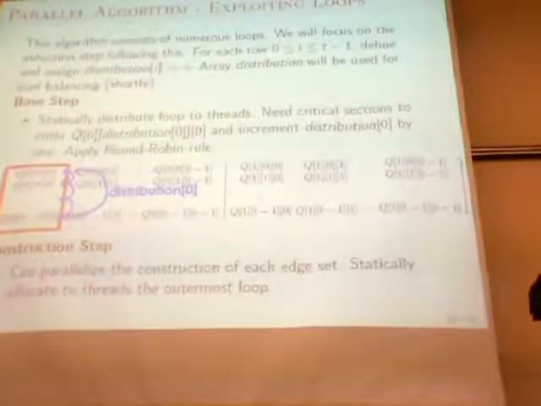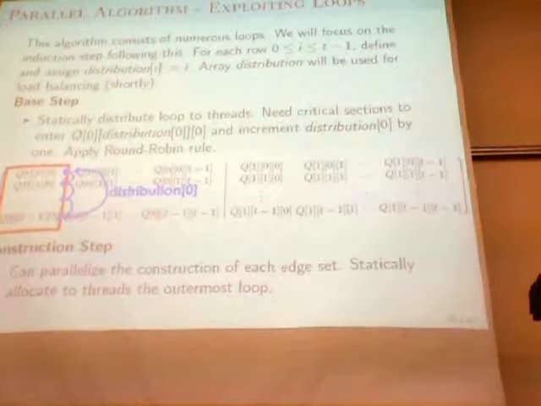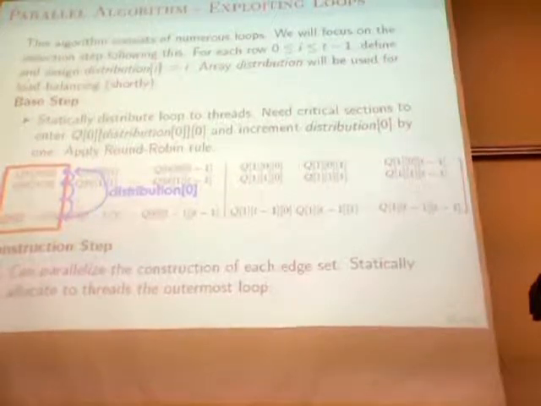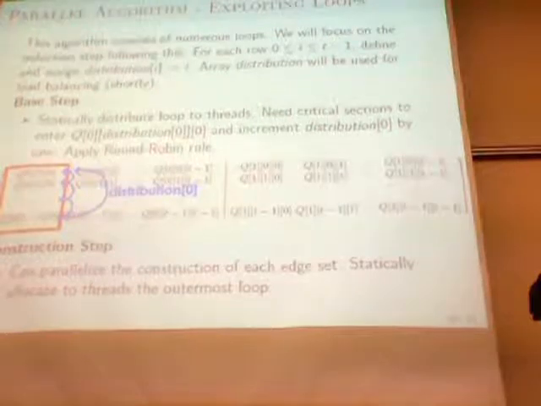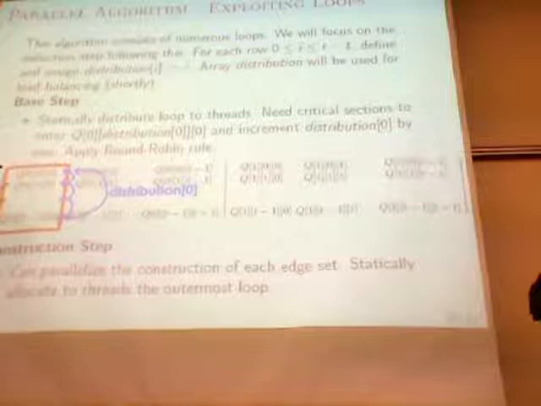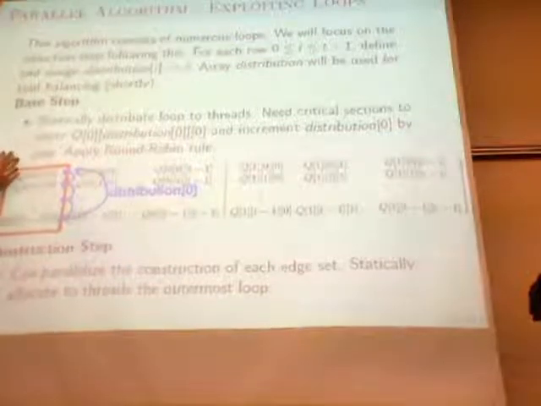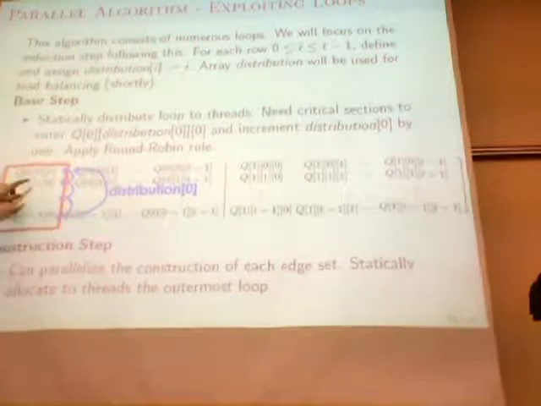So what are we going to do? We first want to exploit loops, probably the easiest thing you could do. In OpenMP, you see a loop and you carefully parallelize it. You can do that with the base step. The one thing to keep in mind is that this one needs a critical section. The induction step, we're going to find, doesn't need it. Why?